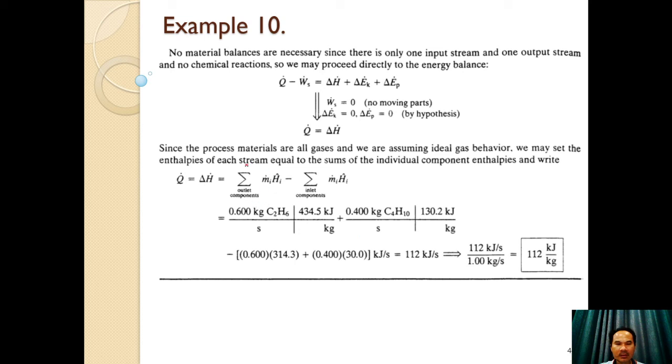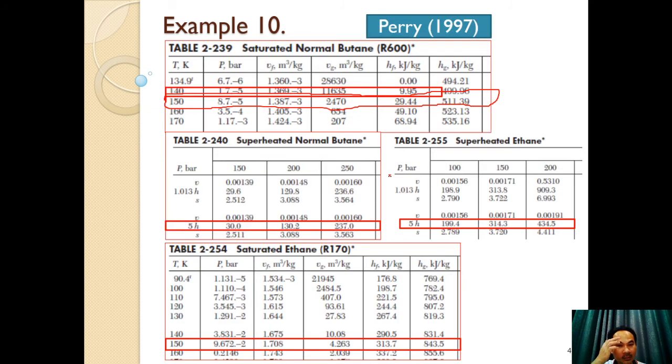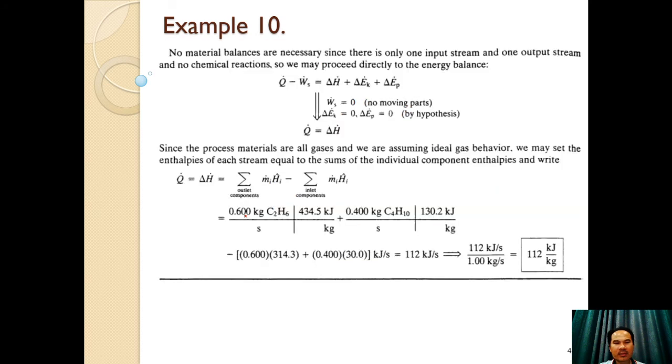This is for the inlet and this is for the outlet, the superheated normal butane, which is 30.